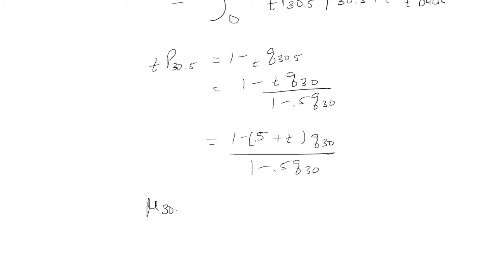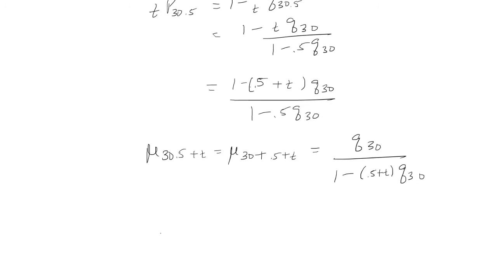Mu of 30.5 plus t, we're going to break this up into 30 plus 0.5 plus t, which is q30 over 1 minus 0.5 plus t times q30. And then finally, tq40.5 is tq40 over 1 minus 0.5 q40.